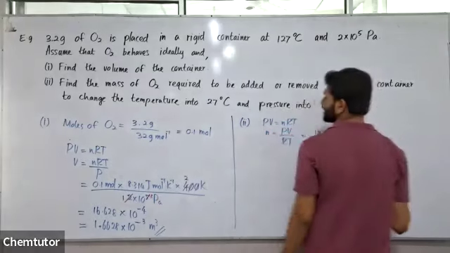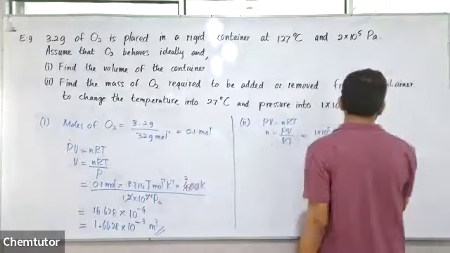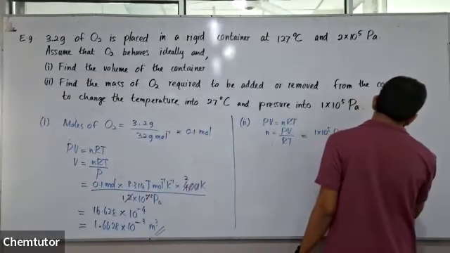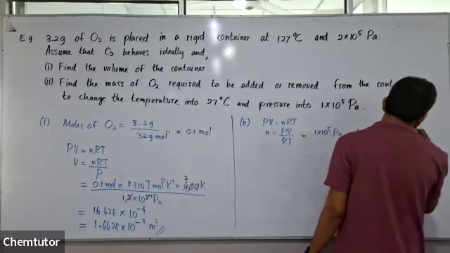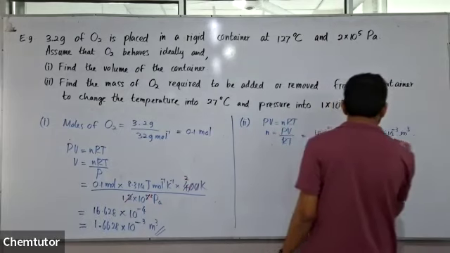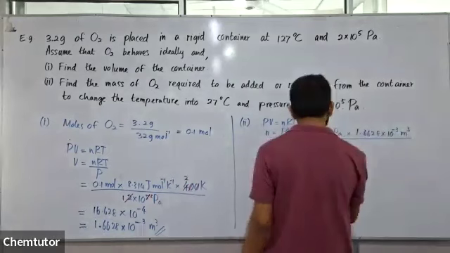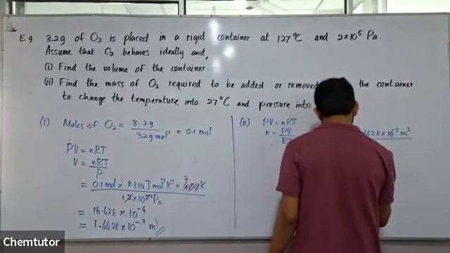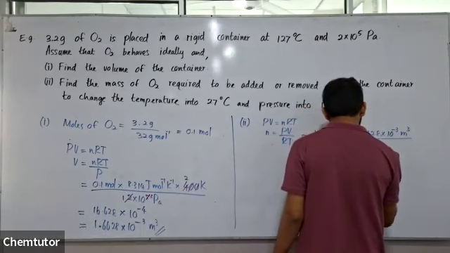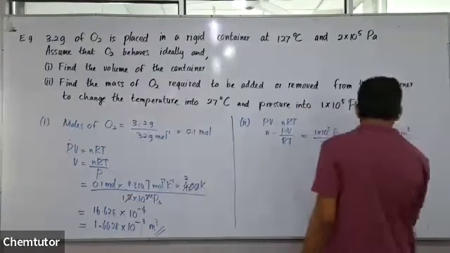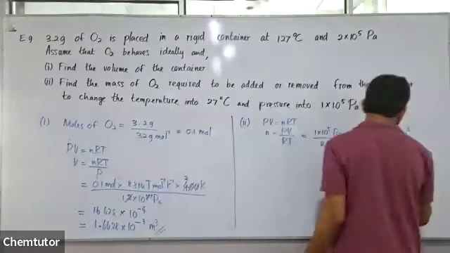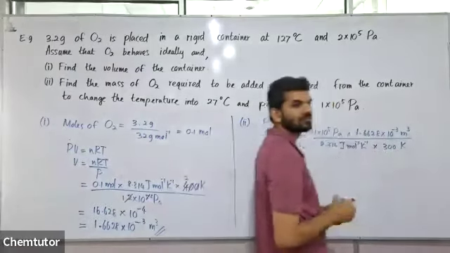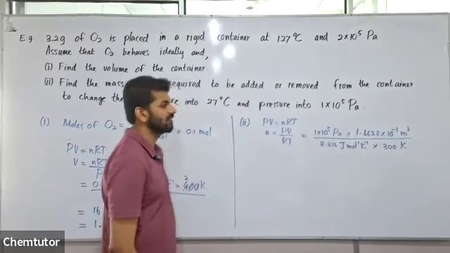The new pressure will be 1 into 10 to the power 5 pascals, and the volume we found is 1.6628 into 10 to the power minus 3 cubic meters, divided by R, which is 8.314 joules per mole per Kelvin. And the temperature is 27, which means 300 Kelvin.